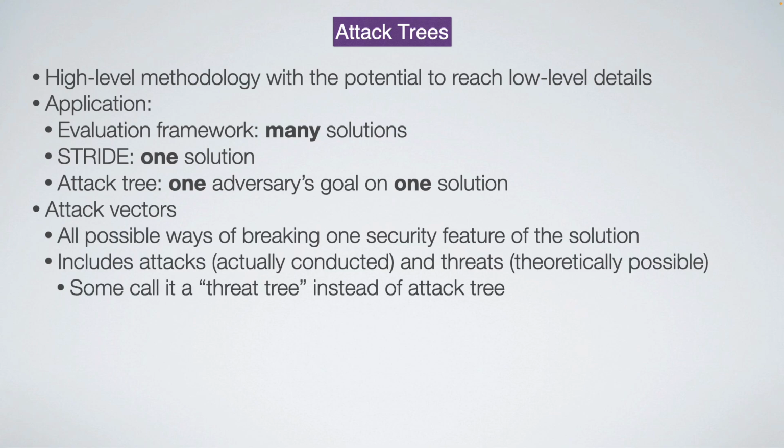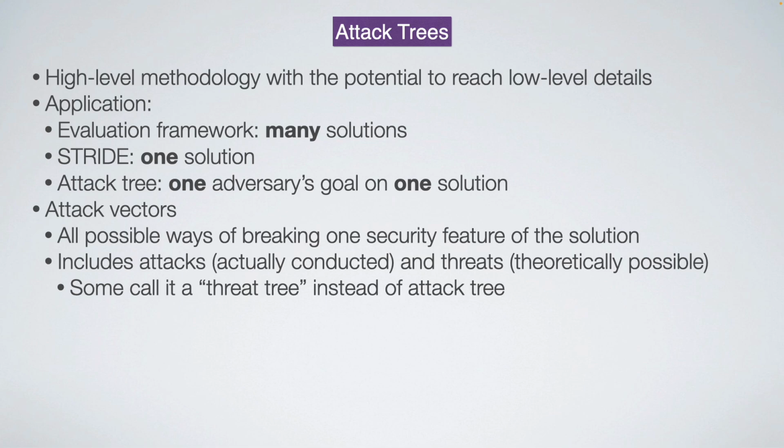The idea of an attack tree is to think of all the possible ways of breaking one particular security feature that your solution should have. And sometimes we distinguish between attack and threat. A threat is the possibility of an attack. An attack is something that actually happened. Here we care more about threats than attacks.